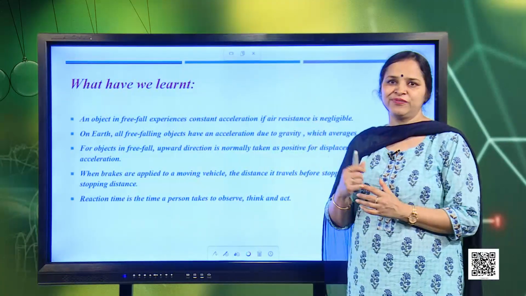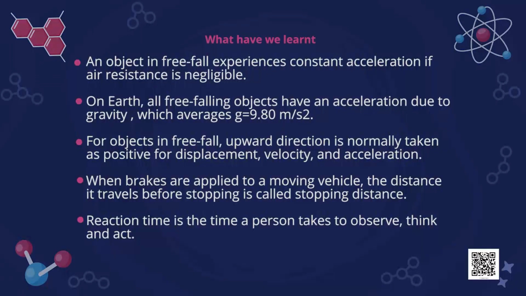Now let us see what we have learned in this session. An object in free fall experiences constant acceleration if air resistance is ignored or negligible. Next, on earth all free falling objects have an acceleration due to gravity which averages 9.8 meter per second square.